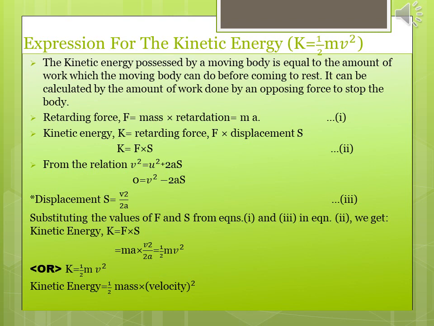v. So children, don't get confused here about u or v. We are showing here that the body is already in motion. Since it is already in motion, we are assuming it to be moving with velocity v. Here the final velocity is 0 since the body comes to rest.